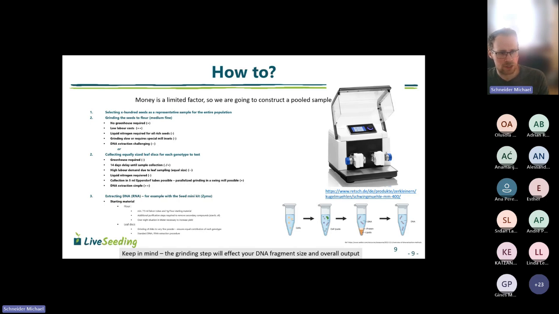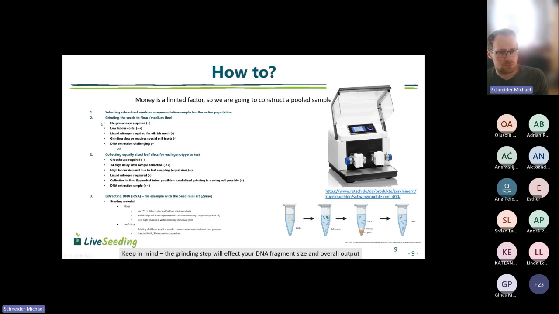The first is that you directly extract the DNA from the seed. You grind the seed to flour material and you select a couple of hundred seeds as a representative sample for the entire population. You can think of something like 500, maybe 1,000 individuals, so seeds of a population.